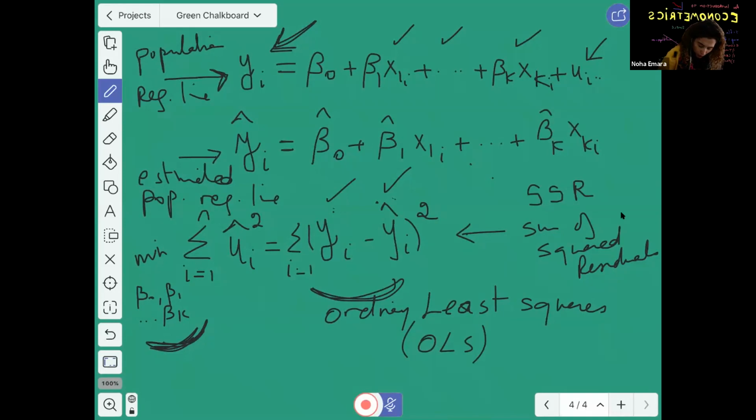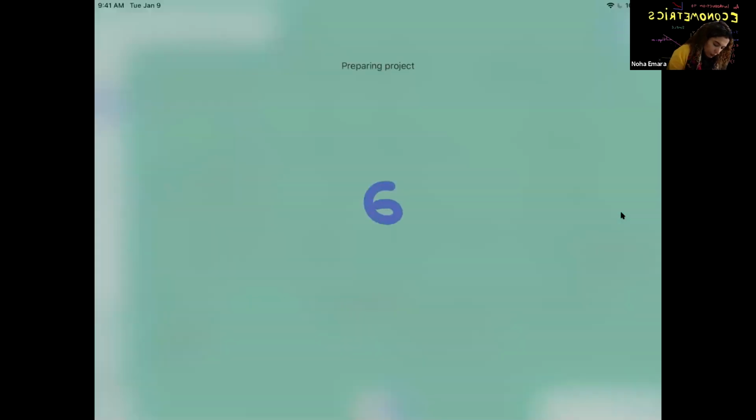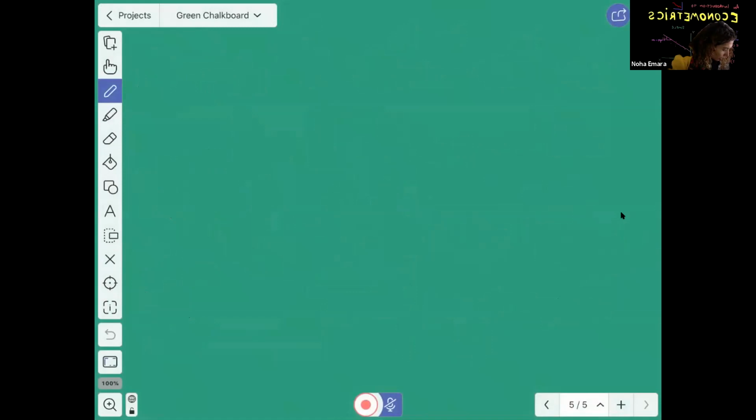I'm going to walk you through how to find the coefficients. I'm going to be using the simple model, because the extended version of the model would require the use of matrices, and I'm not going to talk about matrices in this course.